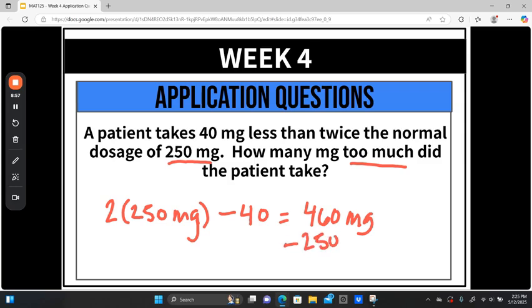Minus 250 milligrams. When we subtract here, we get 0 minus 0 is 0, 6 minus 5 is 1, and 4 minus 2 is 2. So they took 210 milligrams too much.